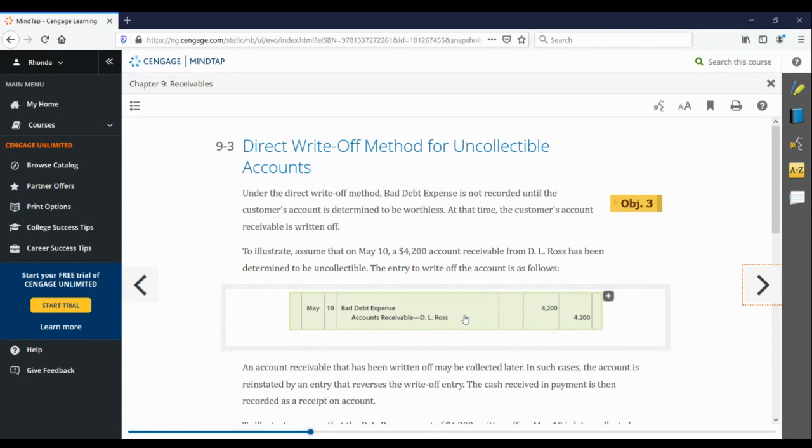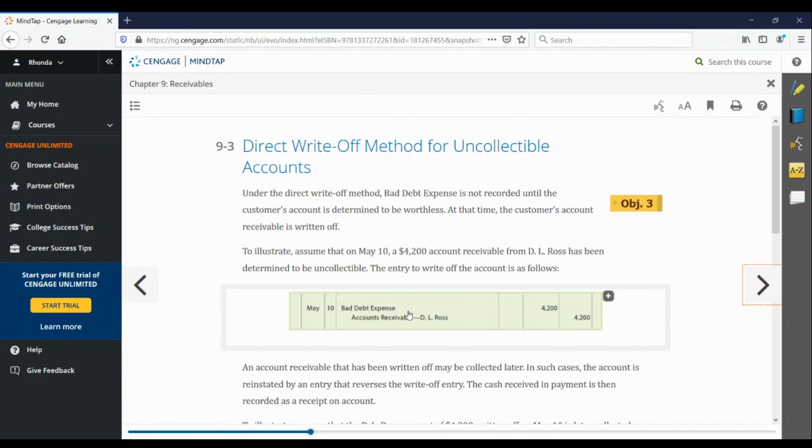In any case, the journal entry that you would make to write off an account under the direct write-off method will debit the bad debt expense, because expenses increase on the debit side. We're going to debit those bad debt expenses in our journal, and we know for sure that we're not going to collect from a customer. And the illustration that we're looking at on this page is for a customer called D.L. Ross, and we were expecting to receive from this customer $4,200.